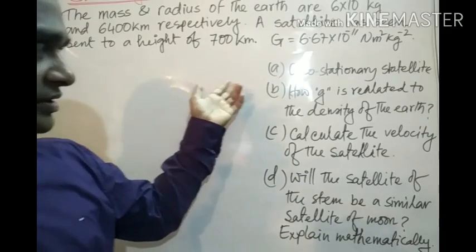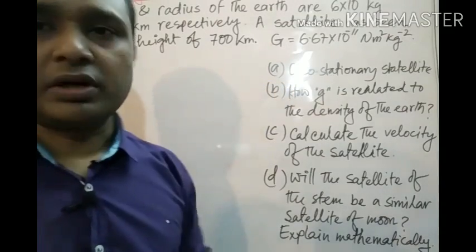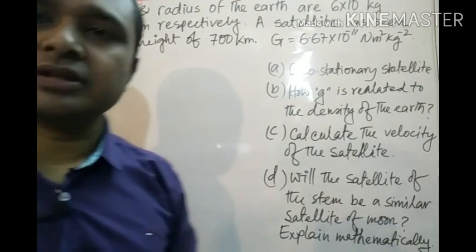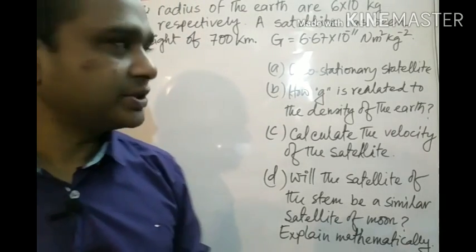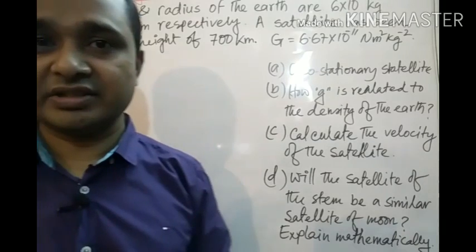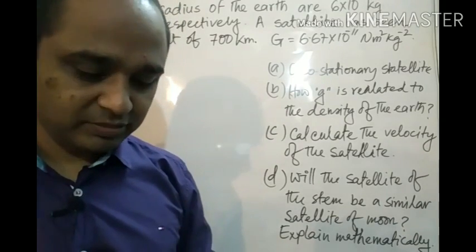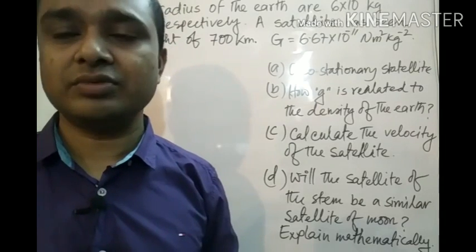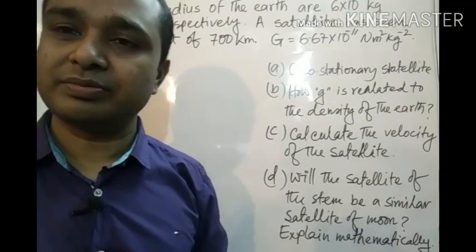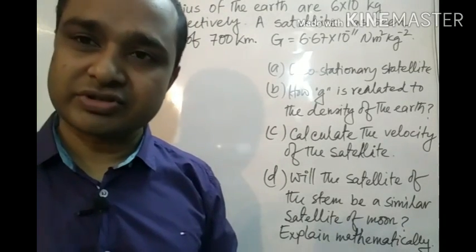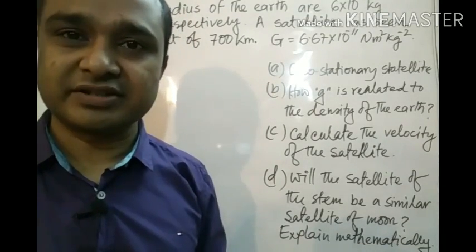And our first question is, what is a geostationary satellite? Dear student, in our previous lecture we already discussed what a geostationary satellite is. The artificial satellite whose time of revolution is exactly equal to the time of revolution of a planet is known as a geostationary satellite related to that planet.